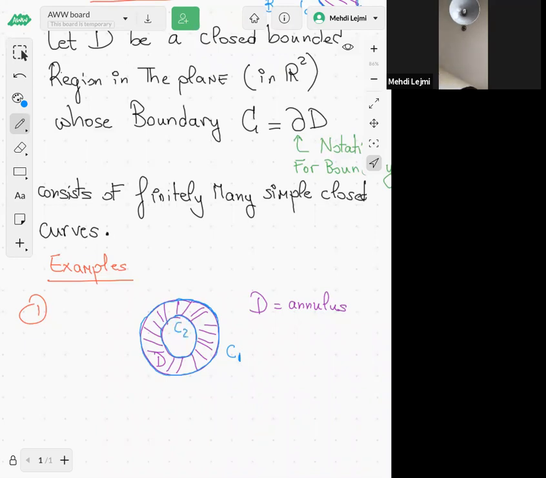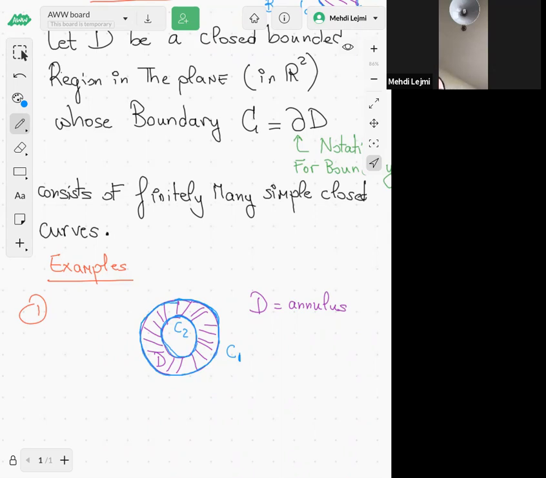So the boundary of this region D is actually the union of two curves, C1 and C2. And of course, both C1 and C2 are just circles, so they are closed, simple curves, right?